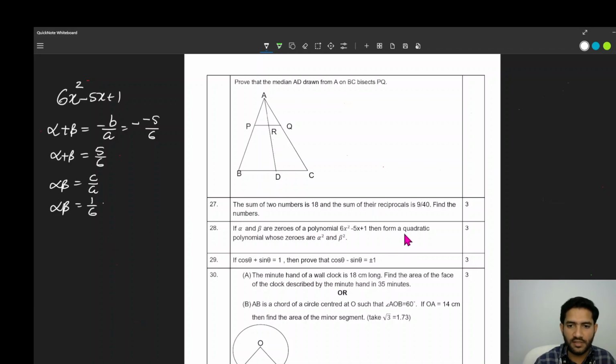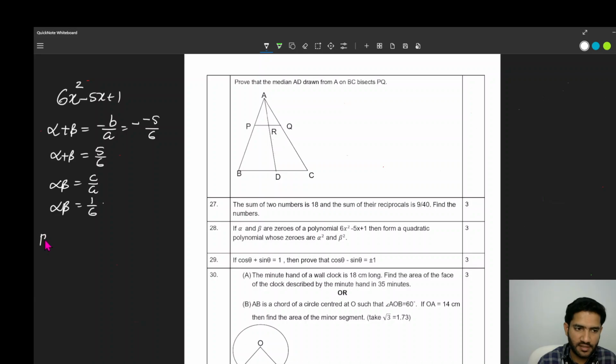Now what's the question here? Form a quadratic polynomial whose zeros are alpha square and beta square.